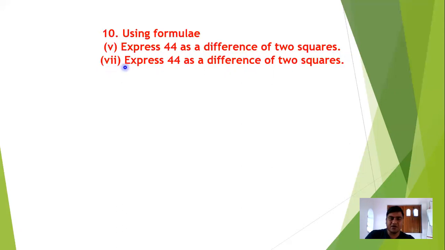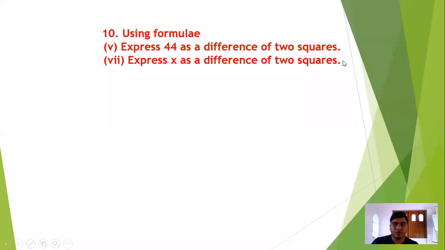And number 7, sorry, the question has a mistake: not 44, it is express x as a difference of 2 squares. So the corrected problem is express x as a difference of 2 squares.